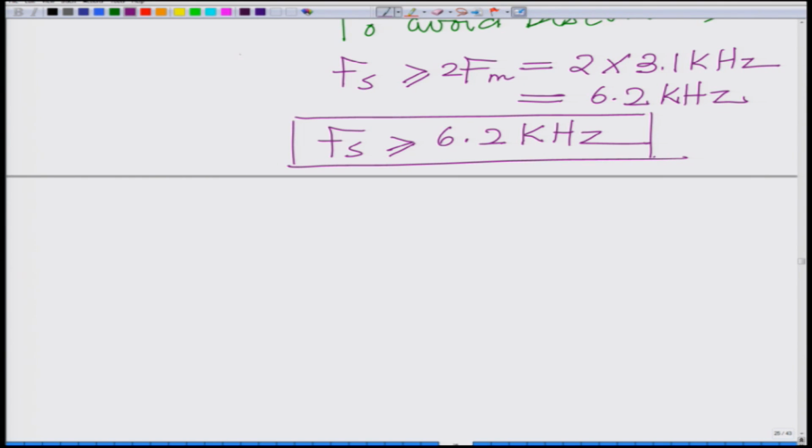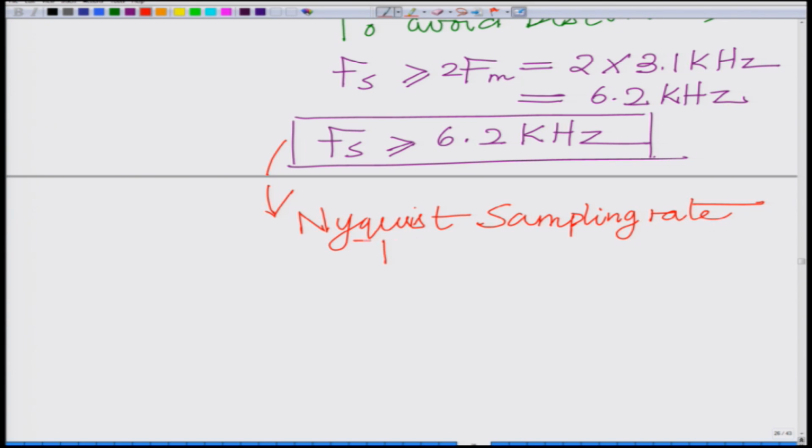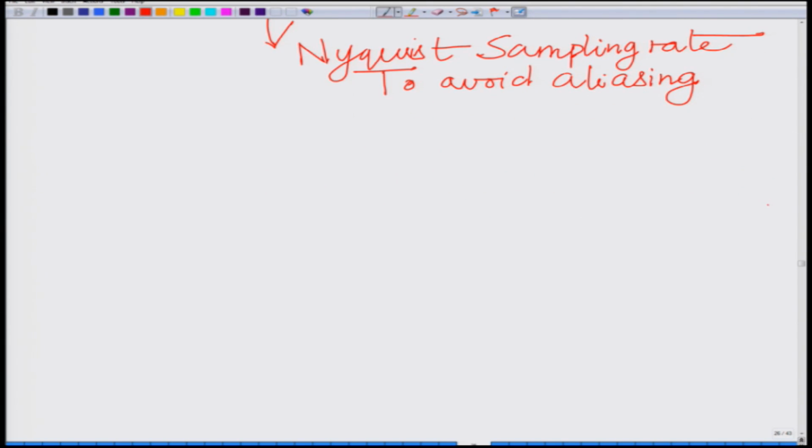This is the Nyquist sampling rate, the minimum required sampling rate to avoid aliasing. Now, this is quantized with a mu-law quantizer. However, even though 6.2 kilohertz is sufficient, it is typically sampled at 8 kilohertz.